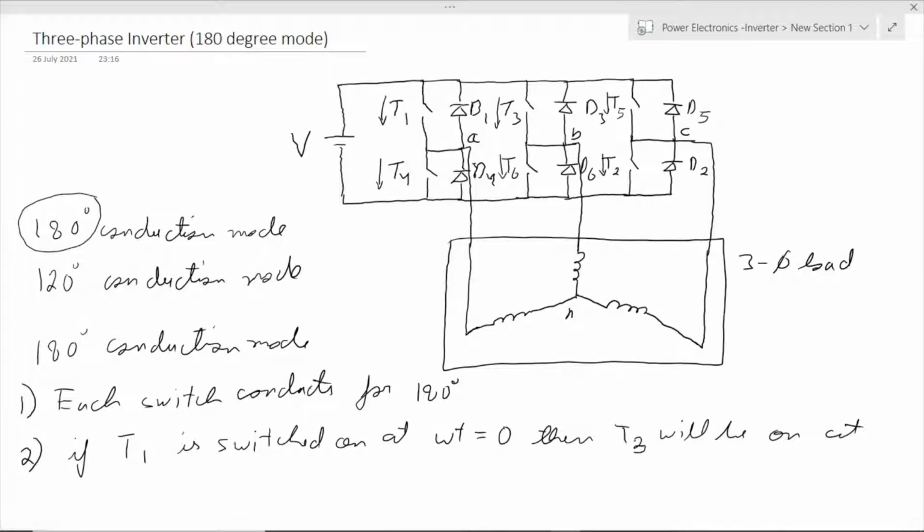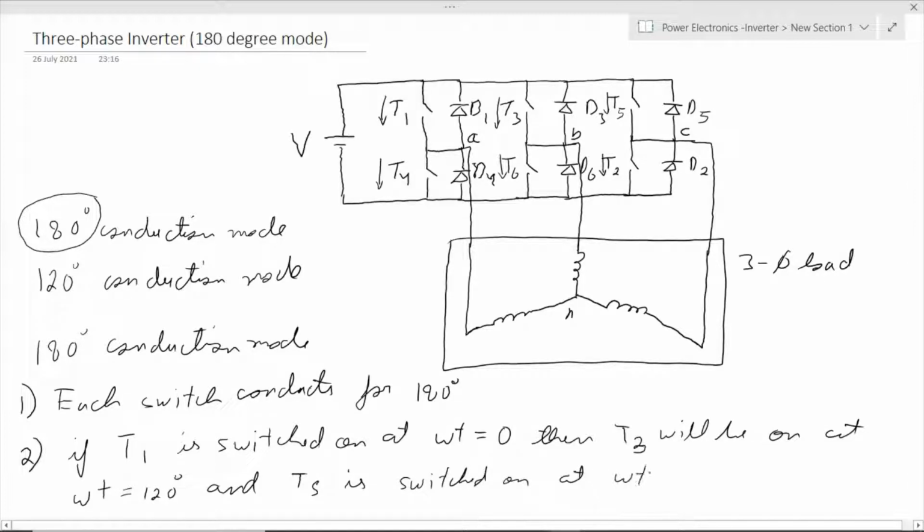T3 will be on at omega t equal to 120 degree, and T5 is switched on at omega t equal to 240 degree.